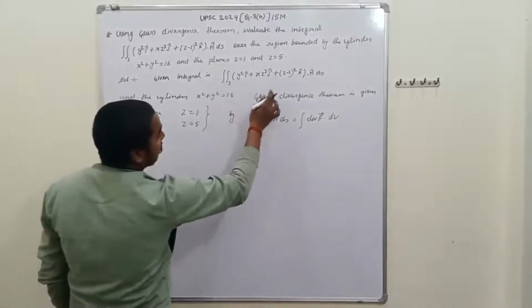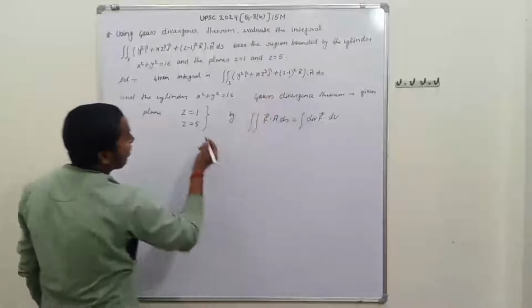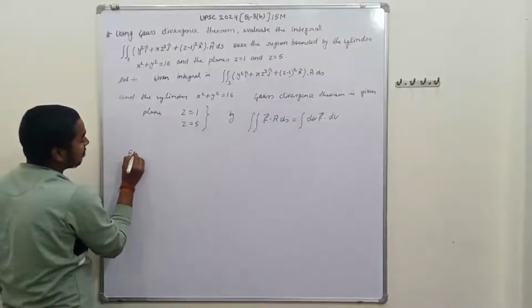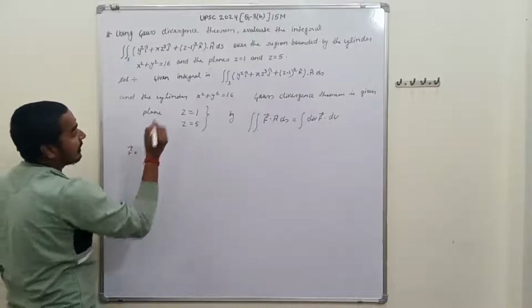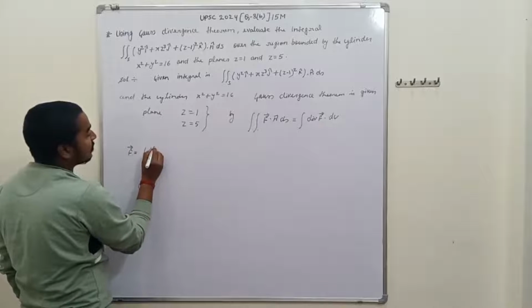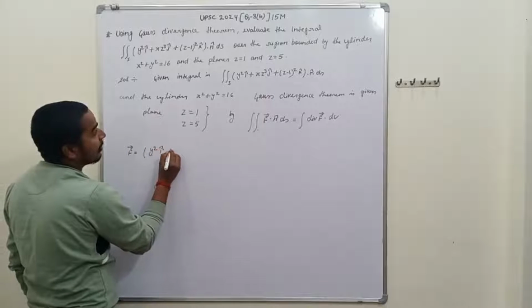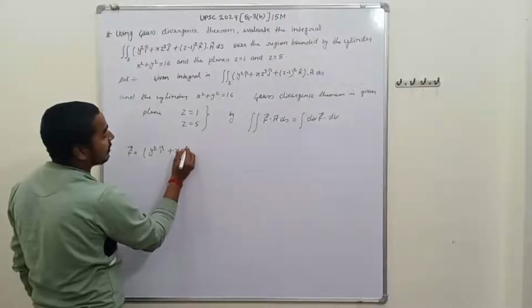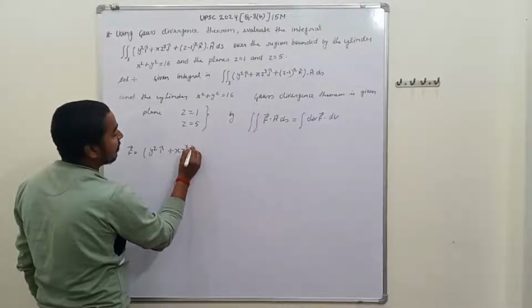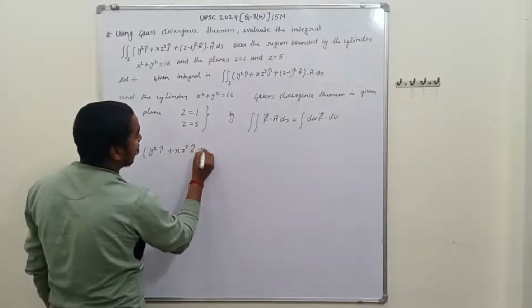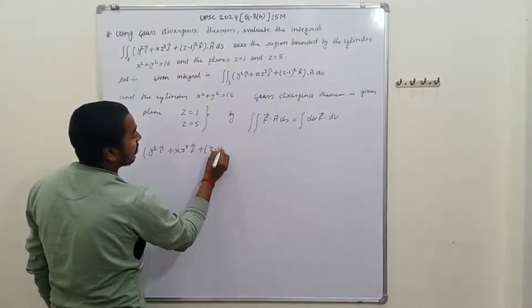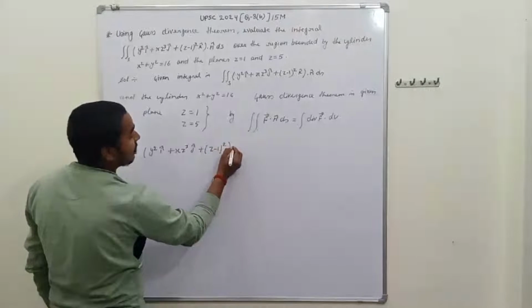In place of F, F vector is given by y square i cap plus xz cube j cap plus (z minus 1) whole square k cap.